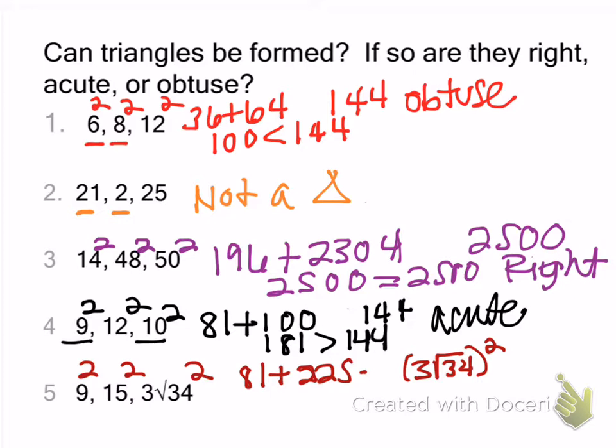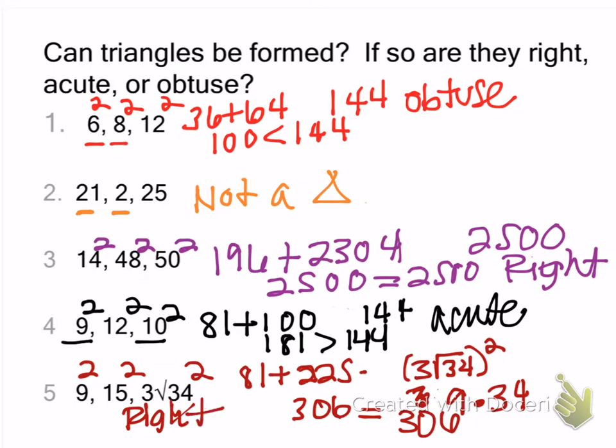Because what you're doing is 3 times 3, which is 9, and square root of 34 times square root of 34 is 34. And 9 times 34 is 306. If you do 81 plus 225, you get 306. So 306 equals 306, which means that this is a right triangle.